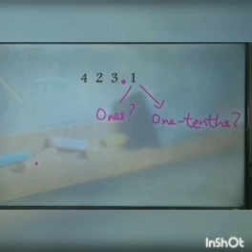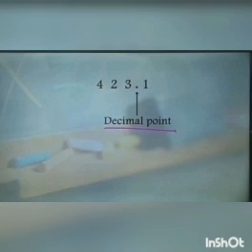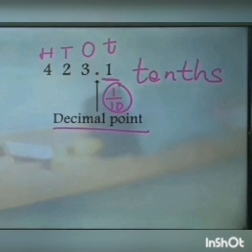In order to resolve this confusion, I put a dot. This dot is called the decimal point. I put this dot after the ones place to show that this is actually the tenths place, and I represent it using a small t.